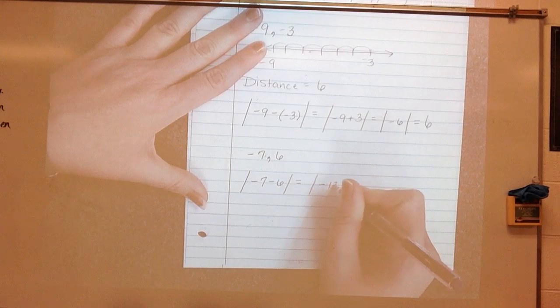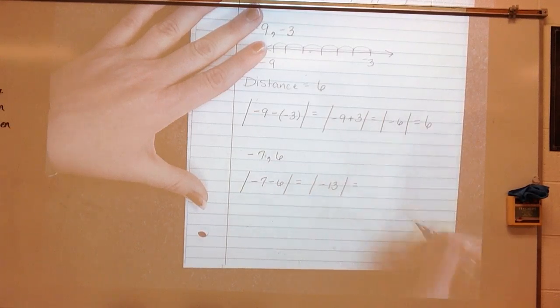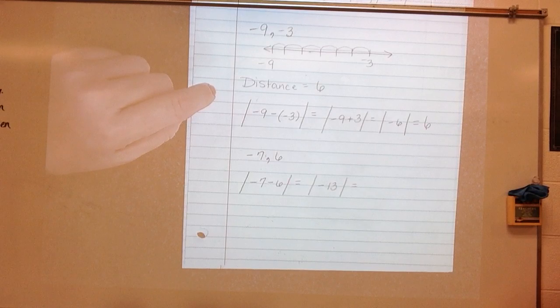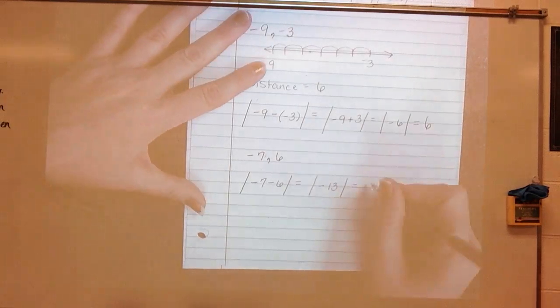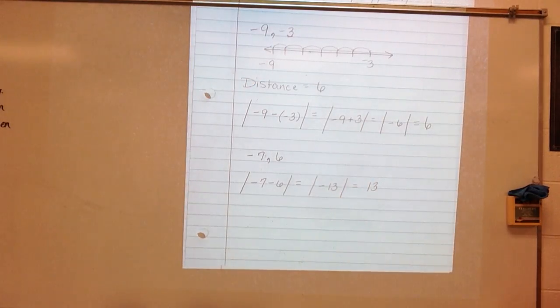That is the absolute value of negative 13. Negative 13 is how far away from 0? It is 13 jumps away from 0.